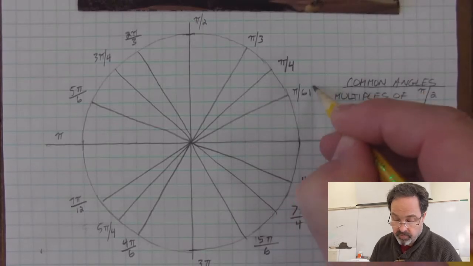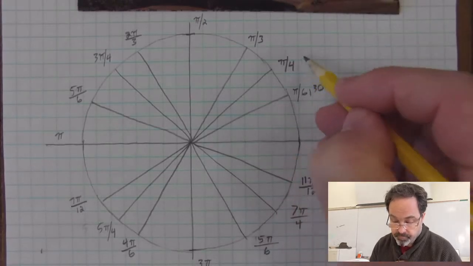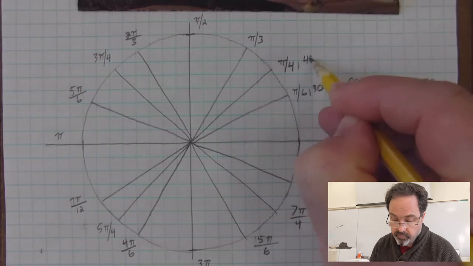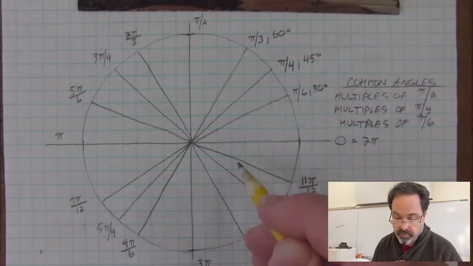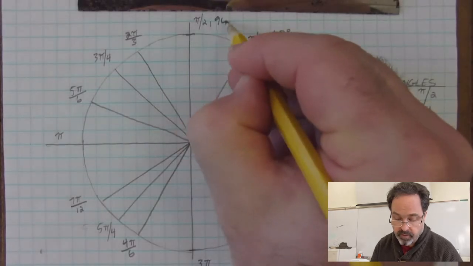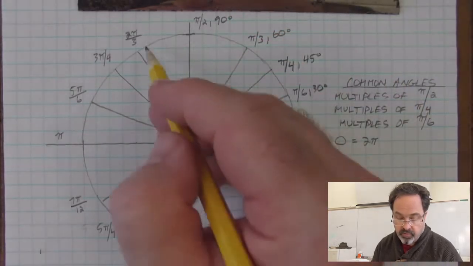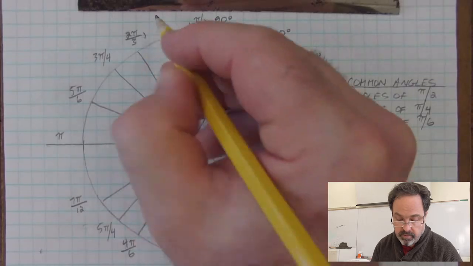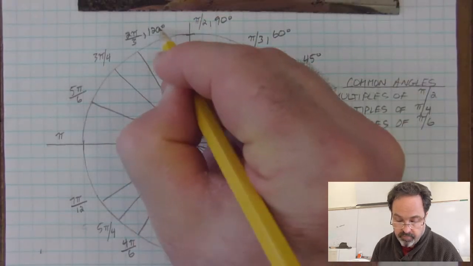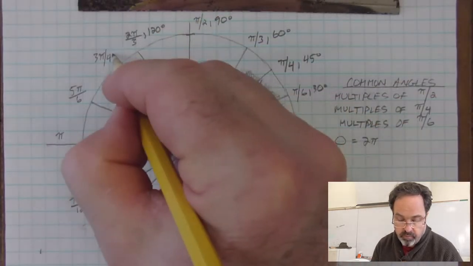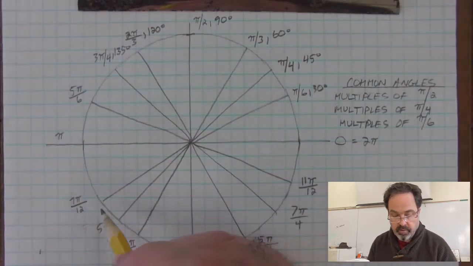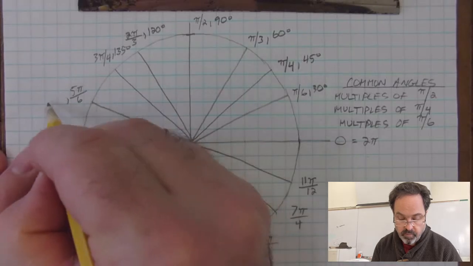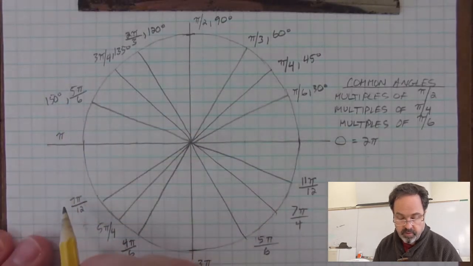Pi over 6 is the same thing as 30 degrees. Pi over 4 is 45 degrees. Pi over 3 is 60 degrees. Pi over 2 is 90. 2 pi over 3 is 120 degrees. 3 pi over 4, 135 degrees. 5 pi over 6, 150 degrees.